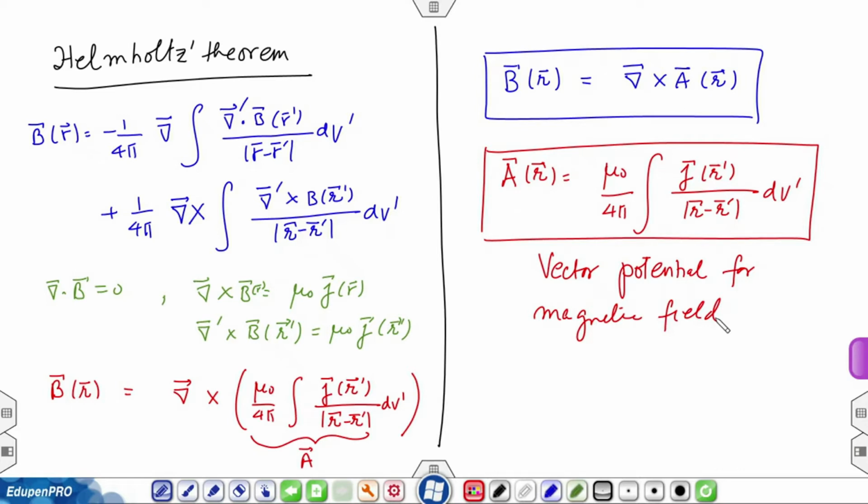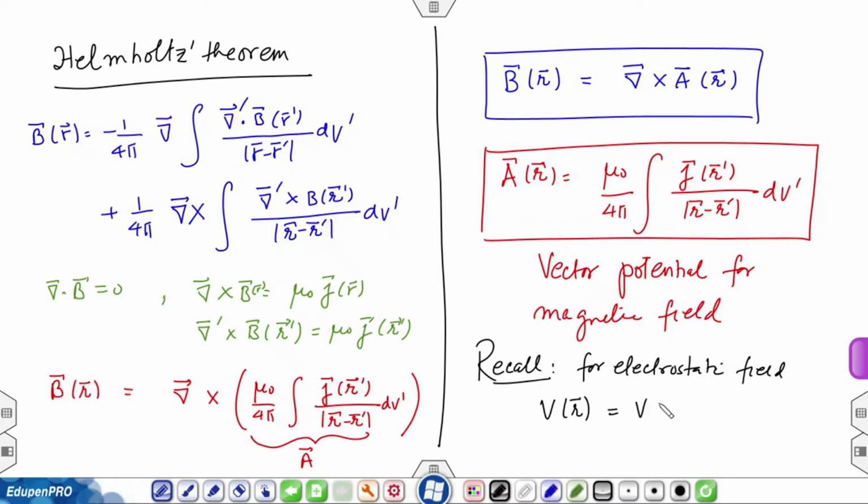Now, recall that for electrostatic field, I could add to the potential any constant, and the potential still gave me the same electric field.